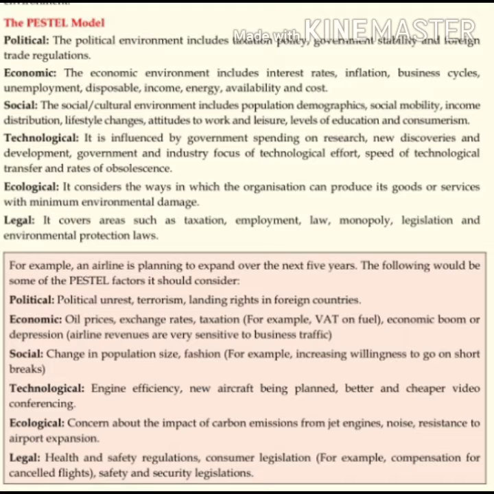So in the PESTEL model, the first alphabet is P, and P is for political. In any country, in the era of globalization, in every nation there is a different sort of political situation. In some countries there is a bi-party system, in some countries there is a multi-party system, and the nature of the country is also different. Like in India, it is a mixed economy.